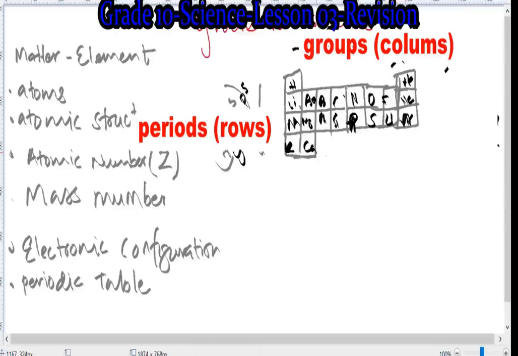So these are the 20 elements that we are learning. I'm sorry it's not neat. And these 3 elements were known as the noble gases.